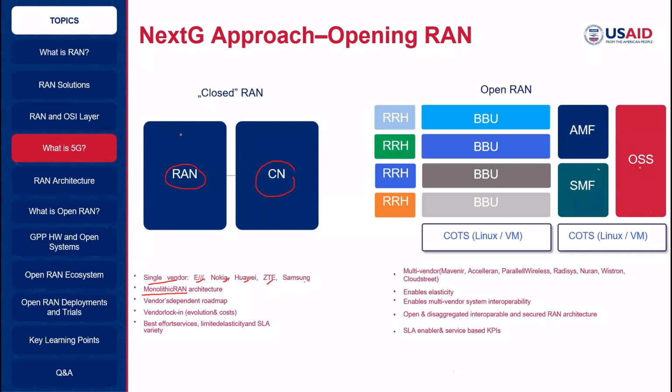So whenever the vendor would like to implement a new feature, sometimes operators are pushed to get that certain upgrade. Like for example, you cannot deploy 5G unless you upgrade your network software into this level.